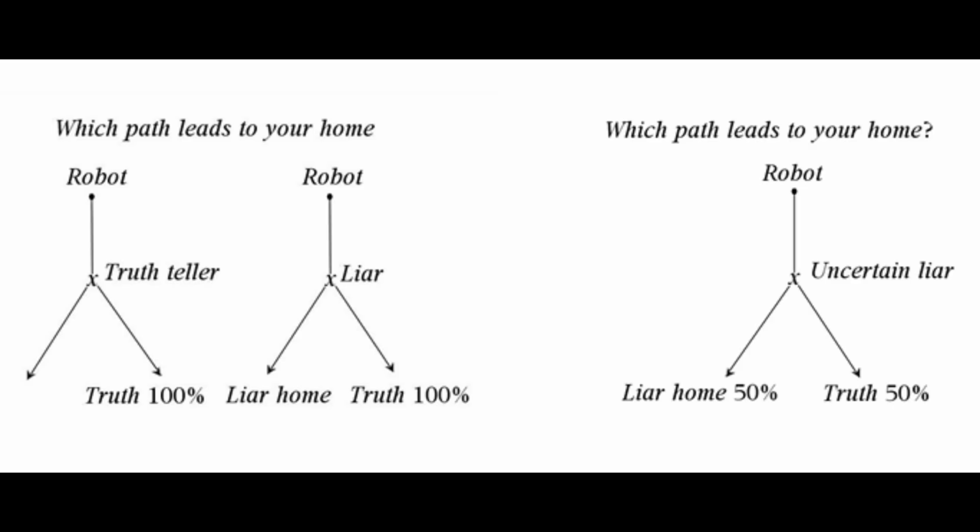The only way for the robot to reach truth with certainty above 50% in the binary setup truth-teller-liar P-problem chart above to the left is to ask the question, which path leads to your home? But by asking this question, chances immediately jump to 100% and become certain.